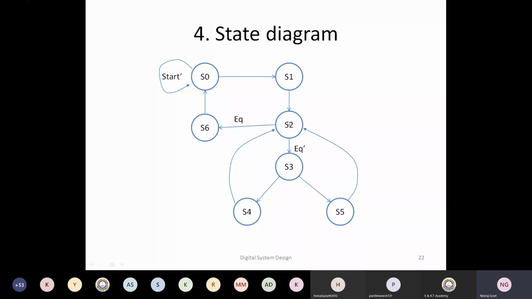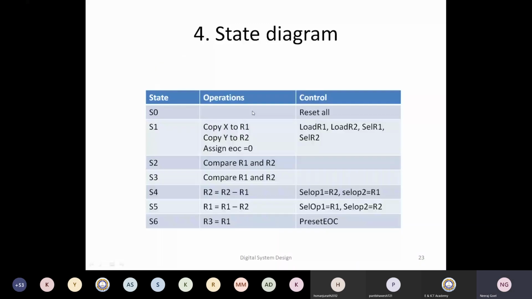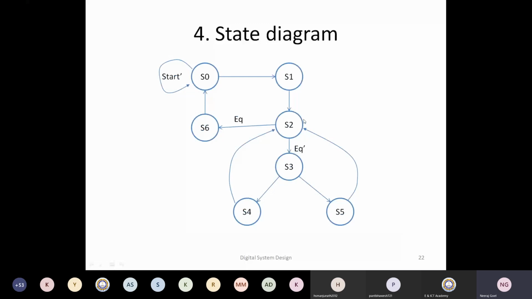So S1 state is essentially to load the registers, and then in S2 state we will compare with the equal. So if R1 is equal to R2, then we will say that we are done. And if it is not equal, that means we have to go to S3 state.